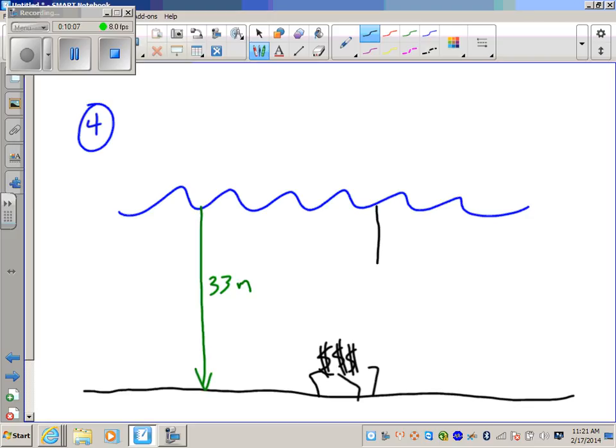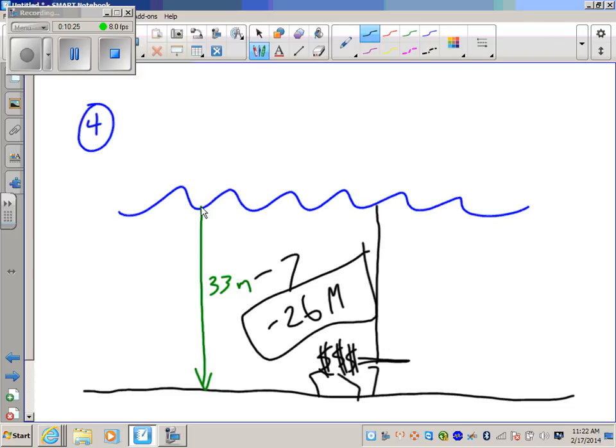So if I go all the way down here, but spare myself 7, basically take the 7 away from the 33, 26. How would I represent that with an integer? Is that positive 26? Probably be negative, because I was going all the way down, below the surface.